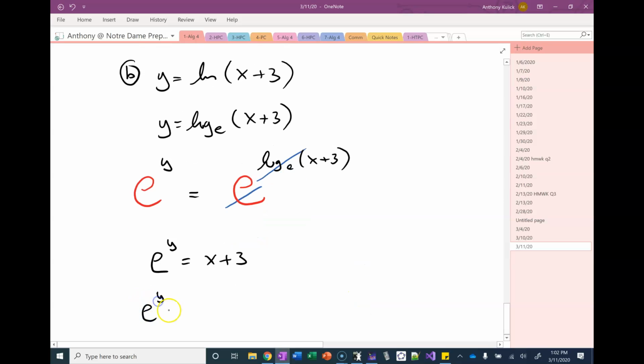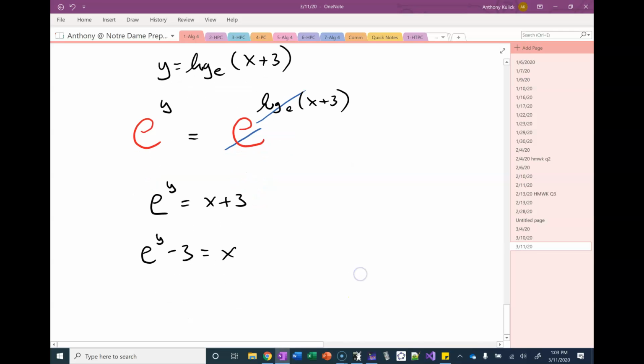Subtract 3 from both sides. And again, 3 is not a common or like term to e to the y, so I'll just write it next to it. And then my last step is to swap the variables.